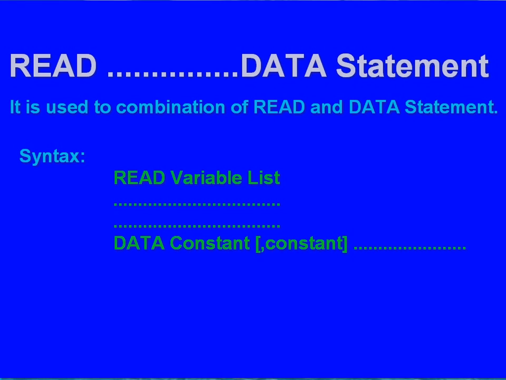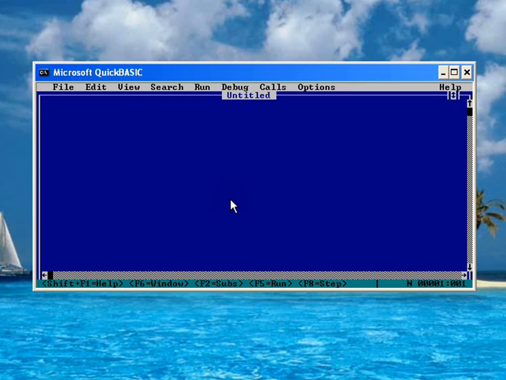Read data statement. The read data statement is the combination of the read statement and the data statement. Both read statement and data statement need to be used together. For example, CLS, read, use of read data.